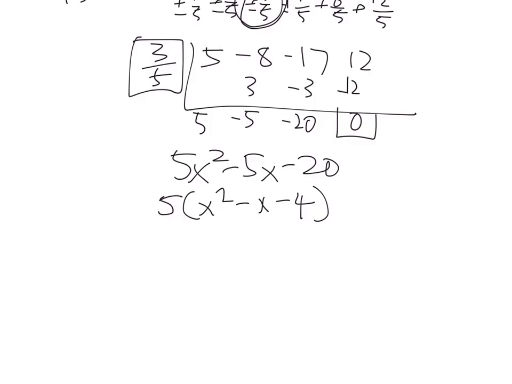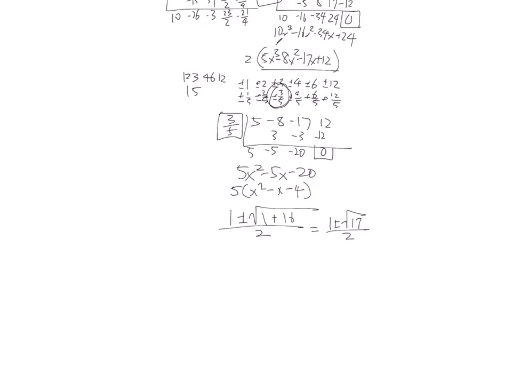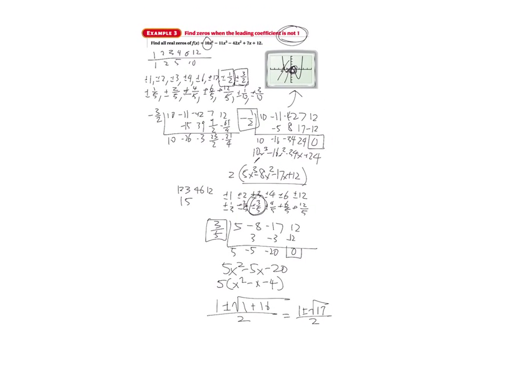So we actually need to use the quadratic formula: negative b plus or minus the square root of b squared minus 4ac, over 2a, which is equal to 1 plus or minus square root of 17 over 2. So zoom out a little bit, see the whole problem. Let's list all the zeros that we have found. The zeros we found are -1/2, 3/5, and 1 plus or minus square root of 17 over 2.